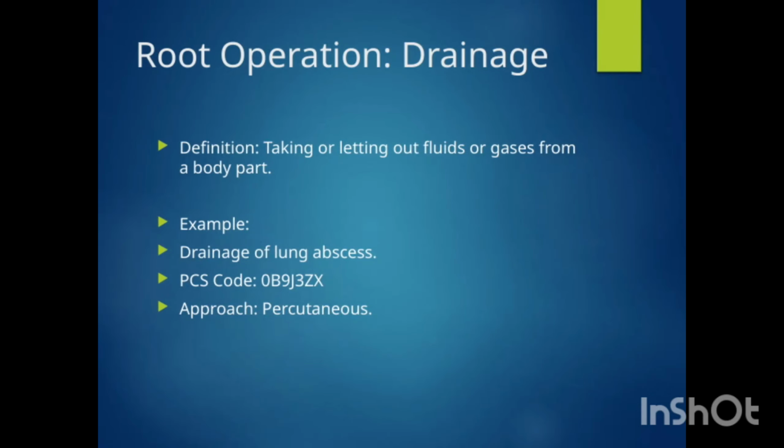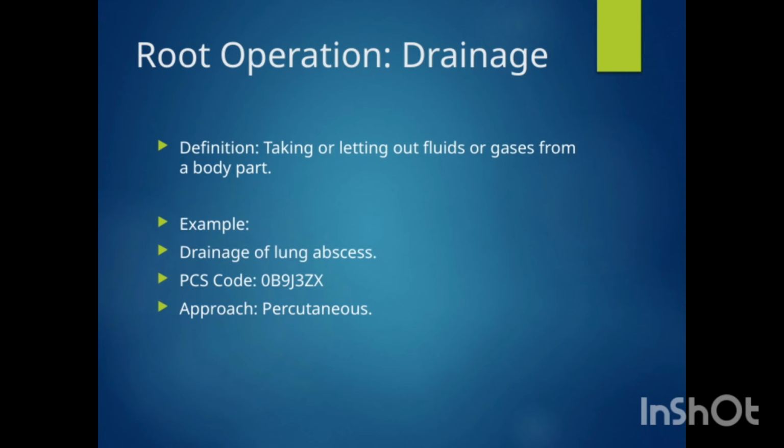Now let's look at the definition of drainage. Basically, it involves taking out or letting out fluids or gases from a body part. This is a common procedure in many medical situations where removing excess fluids can help with healing or relieve symptoms. For example, in the case of a lung abscess, drainage is often necessary to remove pus and other fluids that have accumulated inside the lung. When documenting or coding these procedures, you'll see specific codes used.